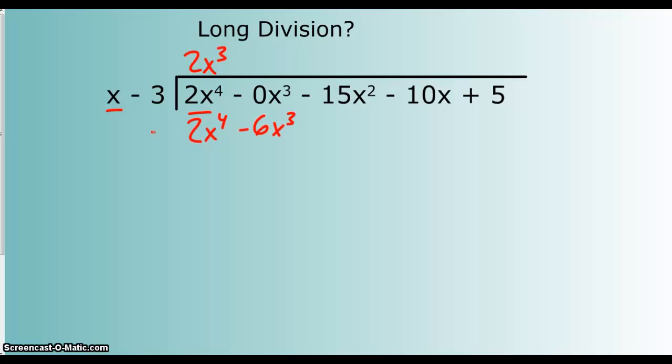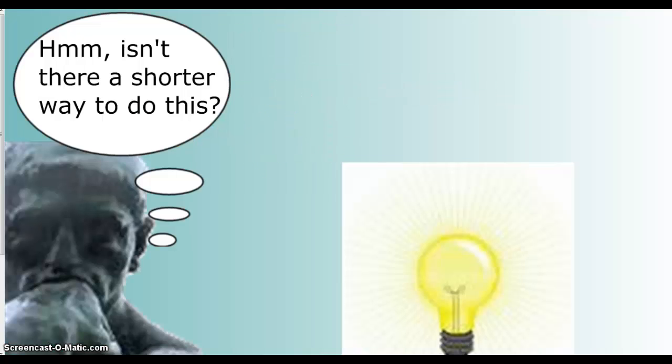And then we would have to subtract, so these would cancel, and I would get a 6x to the third, and then I would have to bring that down, and then I would have to see how many times x goes into that, and I don't know. This is kind of annoying.